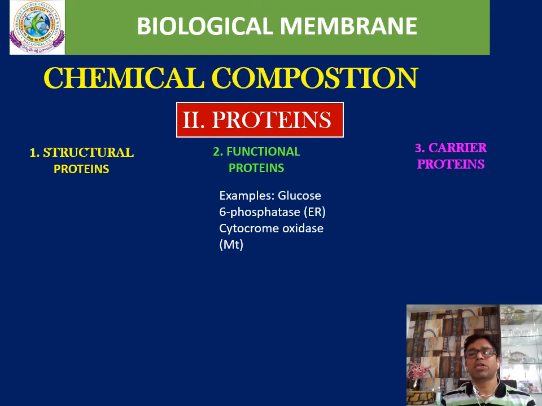Examples of functional proteins are glucose 6-phosphatase, present on the endoplasmic reticulum, and cytochrome C oxidase, present on the membrane of mitochondria. An example of a carrier protein is galactose permease.